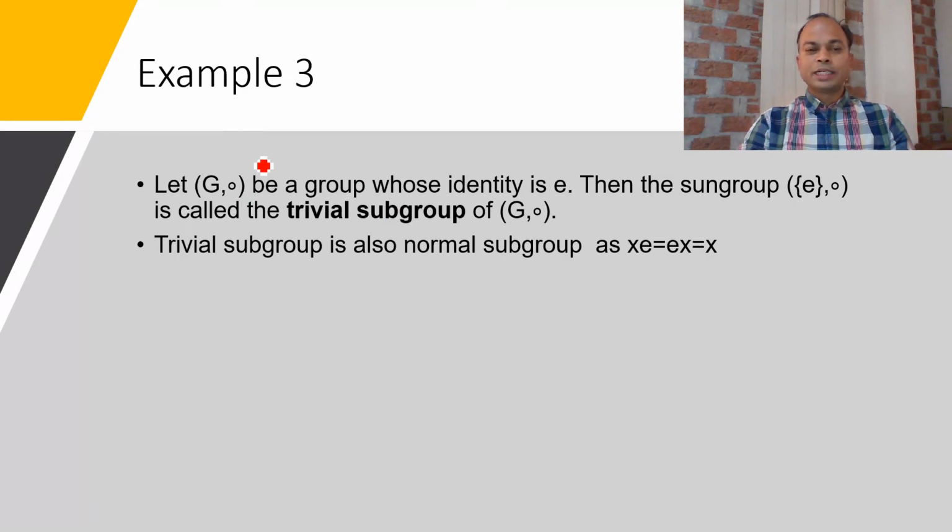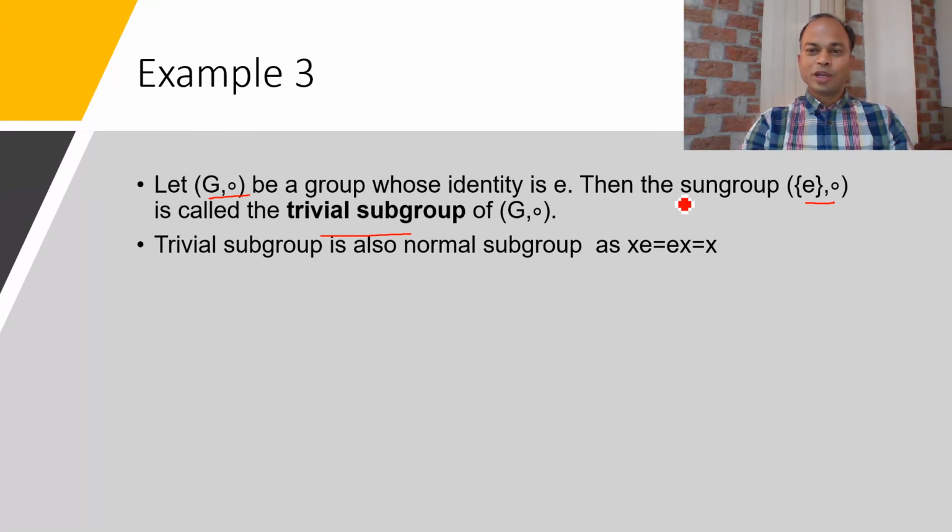If we talk about another important property of the subgroup, we have a group G under binary operator o. We are taking a subgroup {e}, where e is identity, and the same operator is used. This subgroup contains only one element and this element is identity only. This particular subgroup is called trivial subgroup.